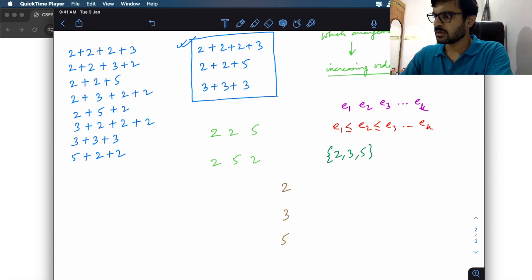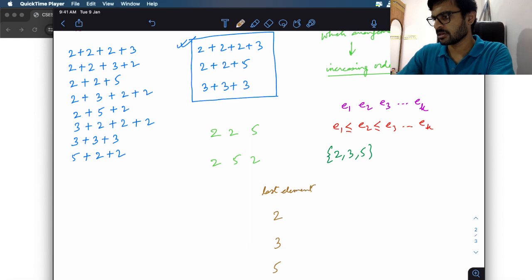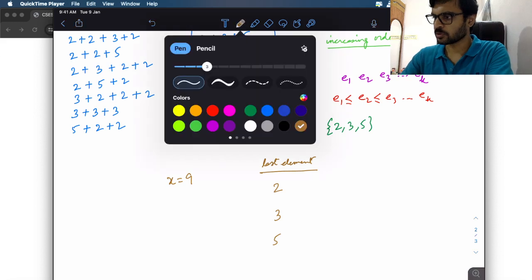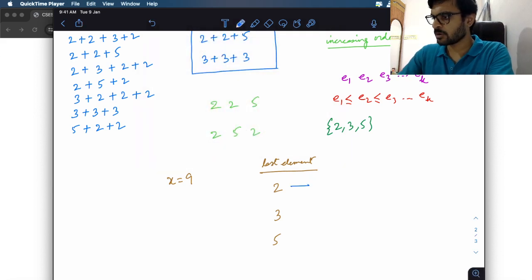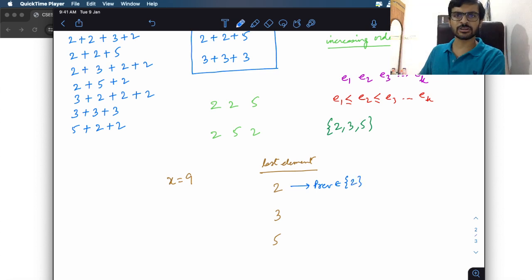This is our last element, and we are looking at the sum of 9. If our last element is 2, our previous element must be 2, because we are committing that our array will be in increasing order.